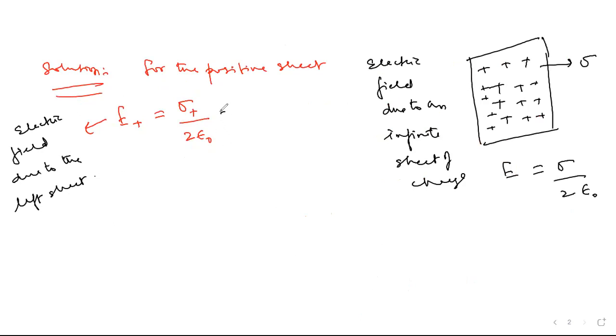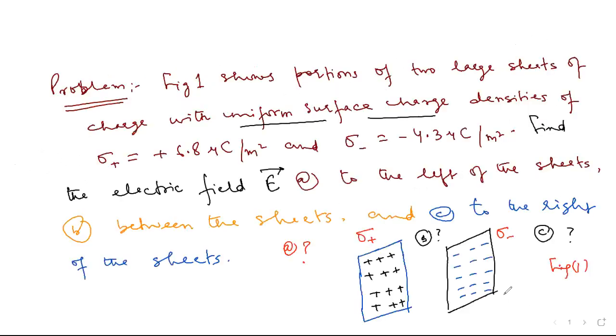So let's put the numbers as 6.8 into 10 raised to the power minus 6 coulomb per meter square. Remember, it was 6.8 microcoulomb per meter square, and 1 microcoulomb is 10 raised to the power minus 6 coulomb.